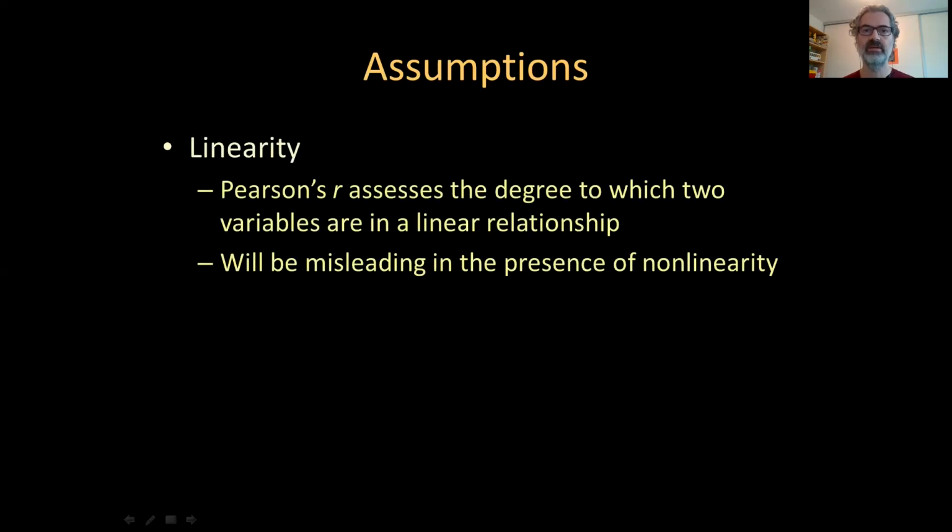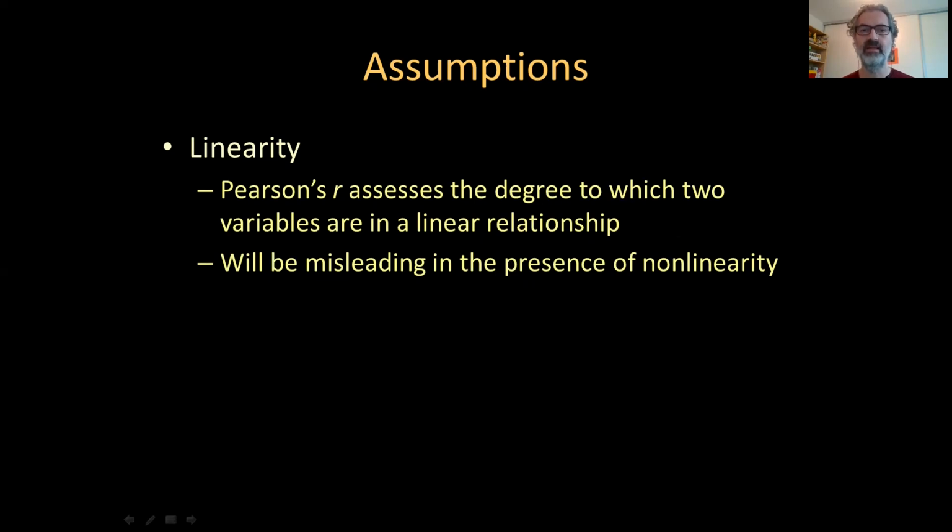Linearity concerns whether the relationship between these two variables is close to a straight line and not curved in any way. That's because what Pearson's R actually computes is the degree to which the two variables are in a linear relationship. R always means that. So a low R doesn't mean that the variables are unrelated.